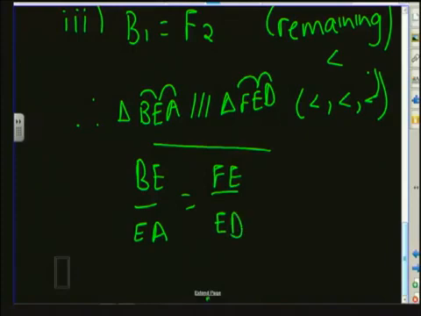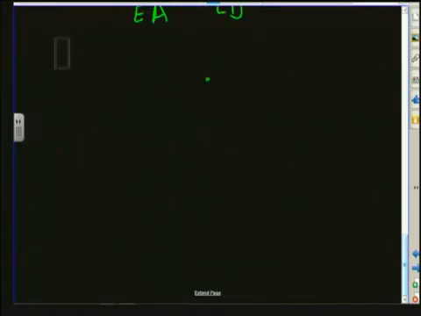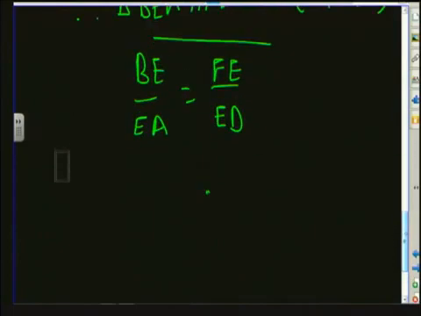And then simply by cross multiplying, I will get the ratio that they asked us to prove, BE times ED is equal to FE times AE, which is the same as EA.